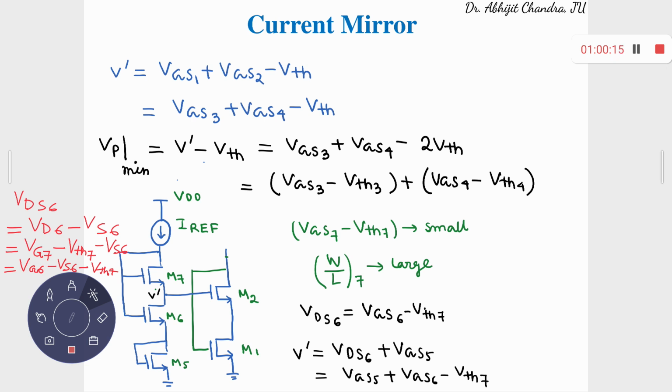Gradually we'll also see the design of active sources. This is the design of the passive current mirror, and in subsequent classes we will also observe the design of the active current mirror.